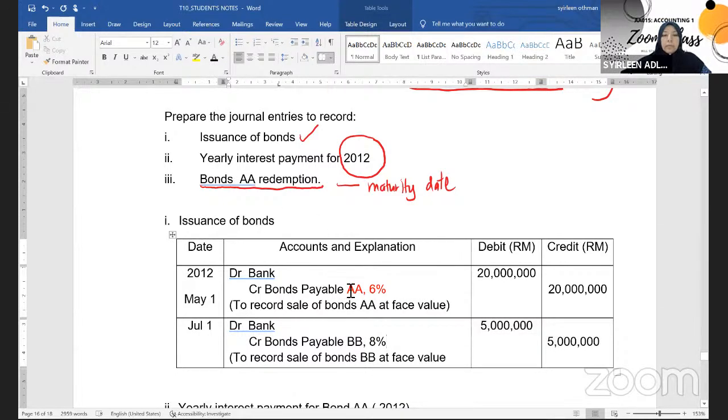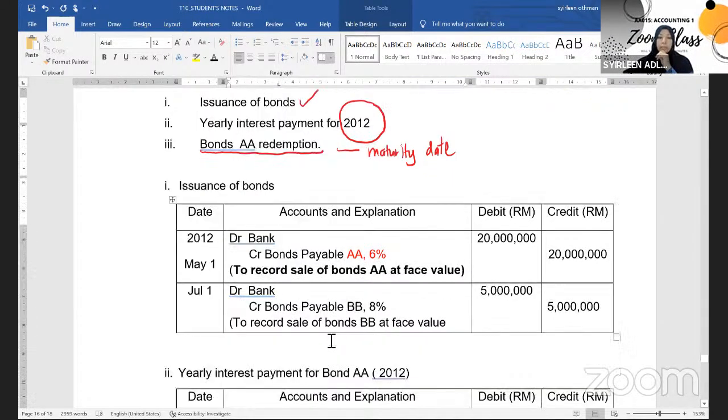Kalau you tak tulis AA 6% ni pun tak ada masalah, because in your explanation, you can write to record sale of bond ataupun to record issuance of bond AA. Cukup. You don't need to mention face value pun should be okay, as long as kita tahu this is generalizing the issuance of bond. So this is for bond AA and below here is for bond BB. Okay, so we are going to pay the interest.